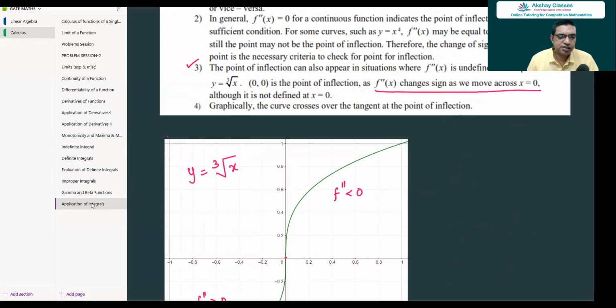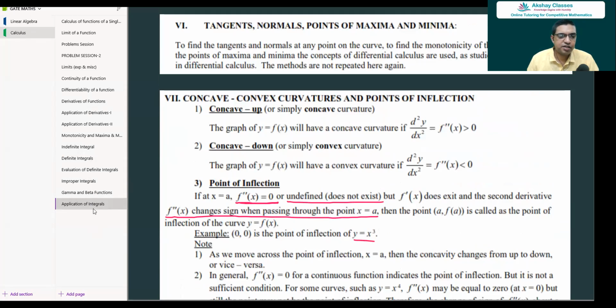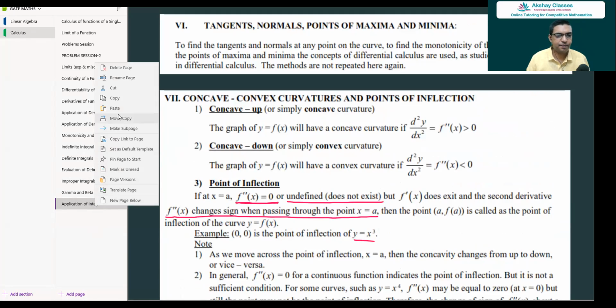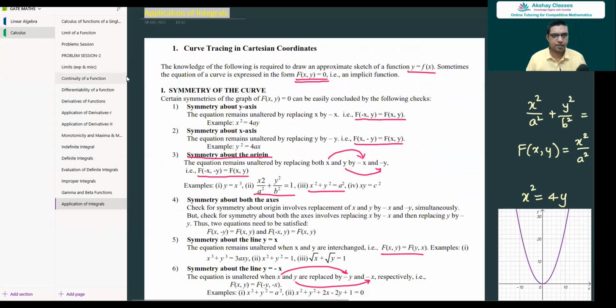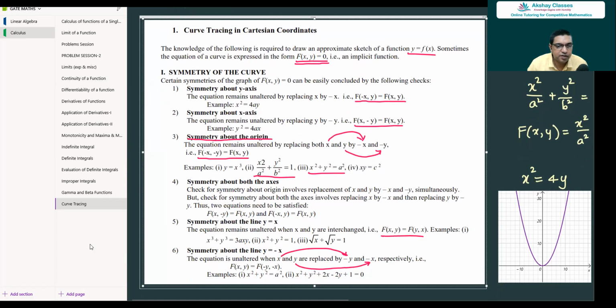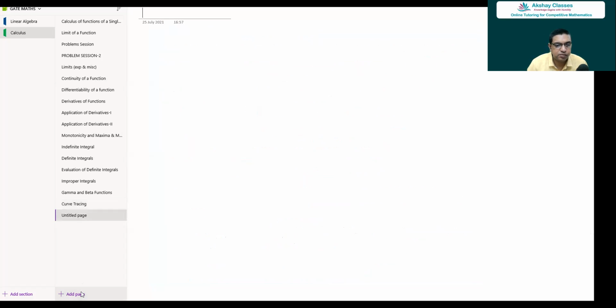Next, I should change this title. So, curve tracing done. Now, next we will add rectification, application of integrals.